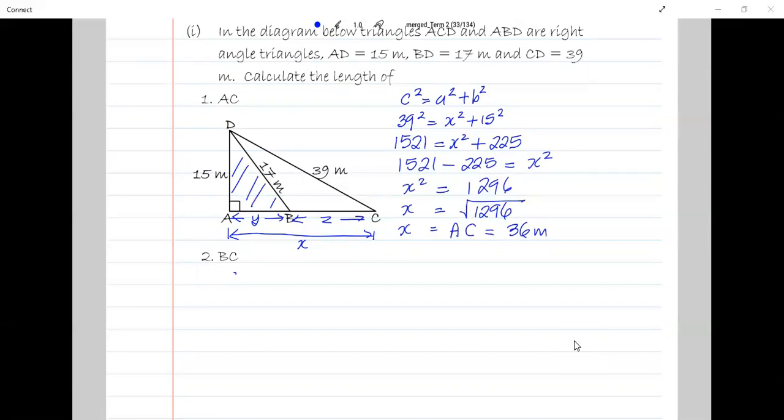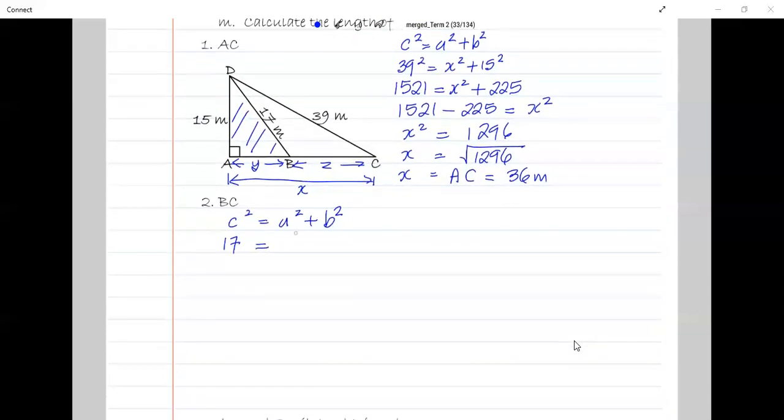So C squared is equal to A squared plus B squared. The hypotenuse is 17, the longest side, and it's in front of the right angle. 17 squared is equal to Y squared plus 15 squared. This is 289, I think. This is Y squared plus 225.